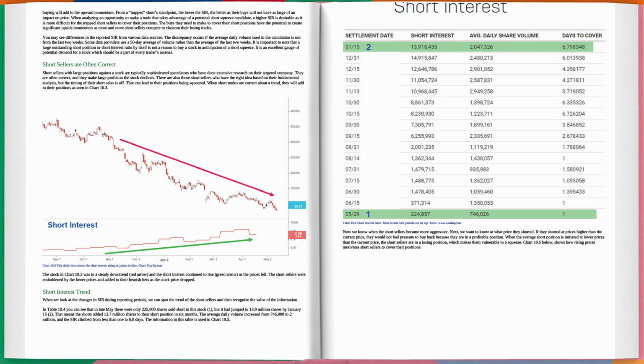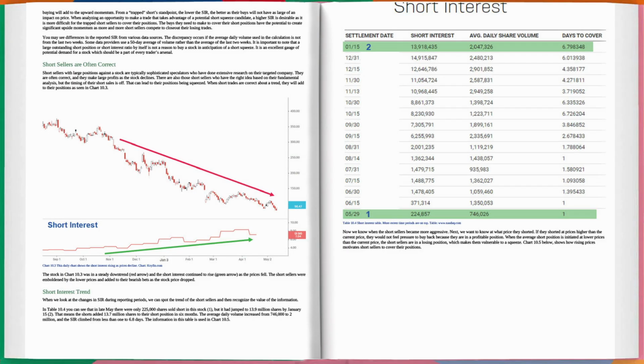Short sellers are often correct. Short sellers with large positions against a stock are typically sophisticated speculators who have done extensive research on their targeted company. They are often correct, and they make large profits as the stock declines. There are also those short sellers who have the right idea based on their fundamental analysis, but the timing of their short sales is off.